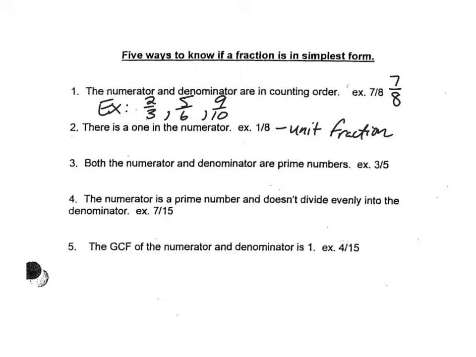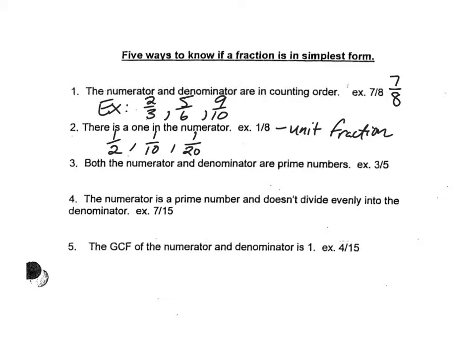Unit fractions just have 1, so like 1/2, 1/10th, 1/20th. Just write a few more. So, second way, if a fraction has a 1 in the numerator or it's a unit fraction, you know it's done.